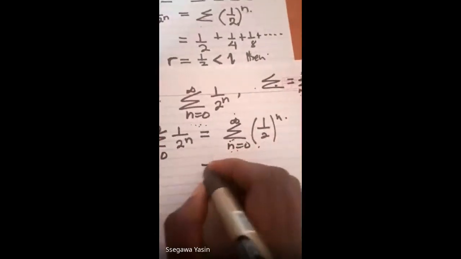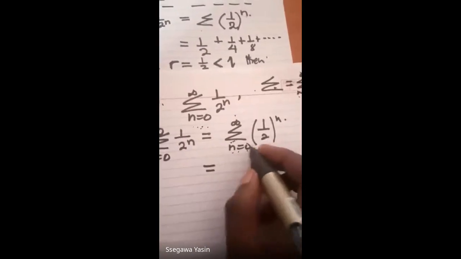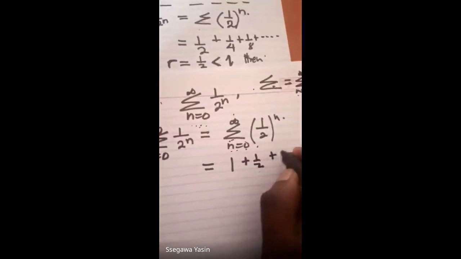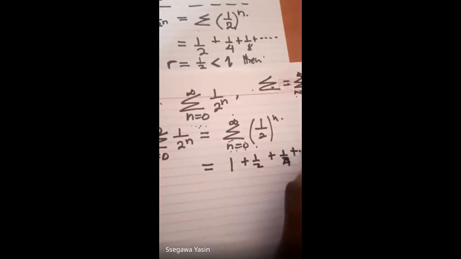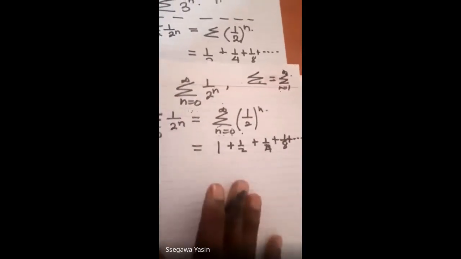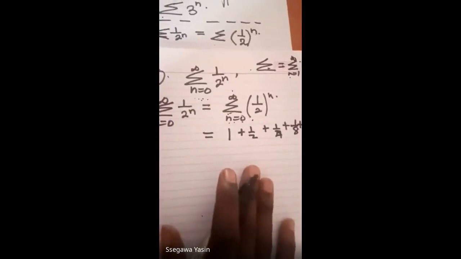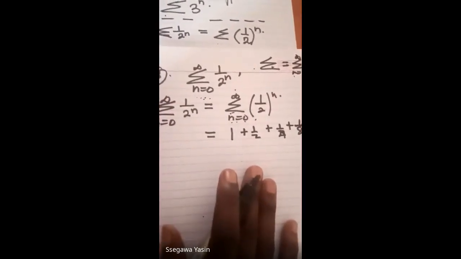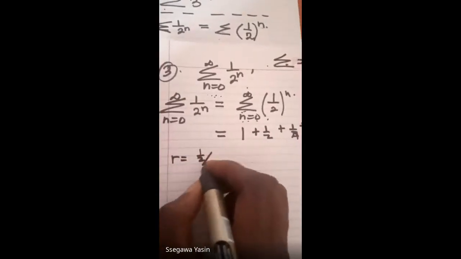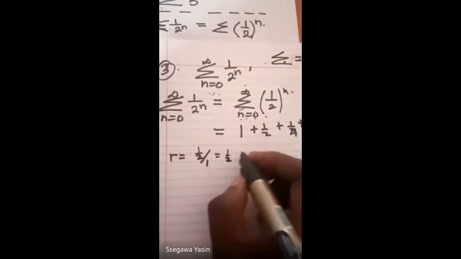Now, when you try to analyze properly, when you put 0, we shall get 1. The next one will be a half, the next one will be a quarter, the next one will be 1 over 8, and other terms. So when you substitute, let's try to see our r. r is a half divided by 1, which is a half.